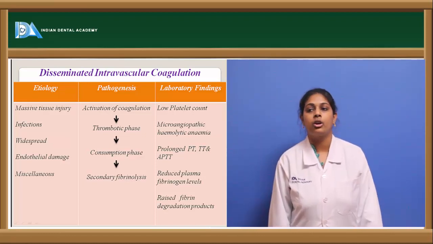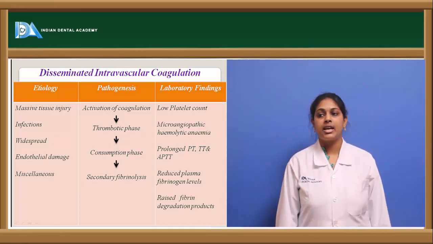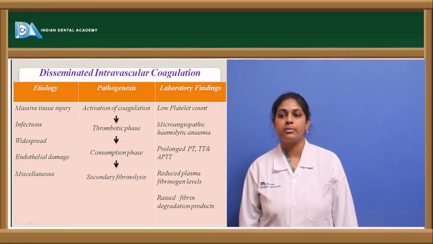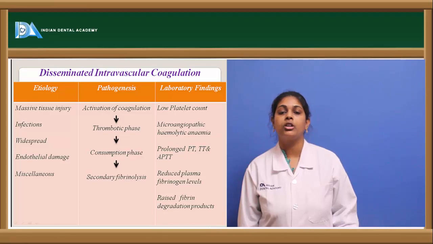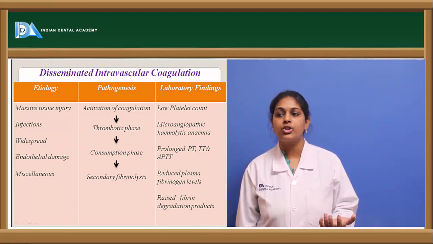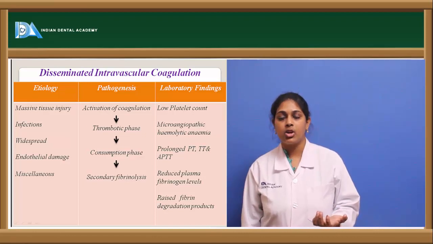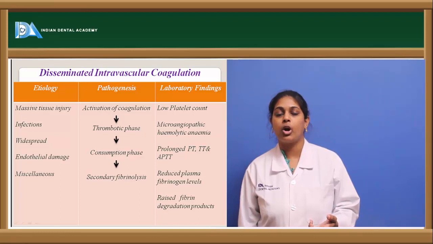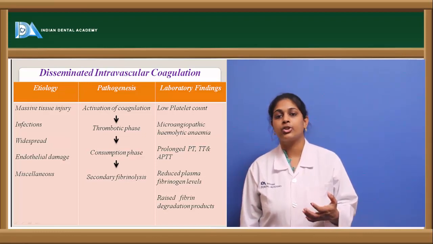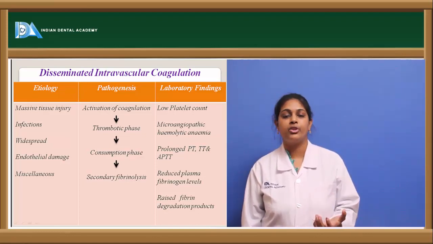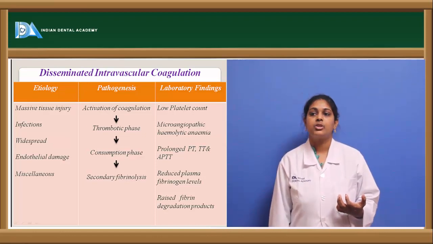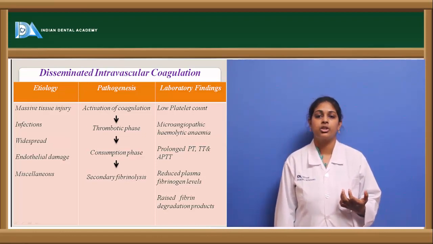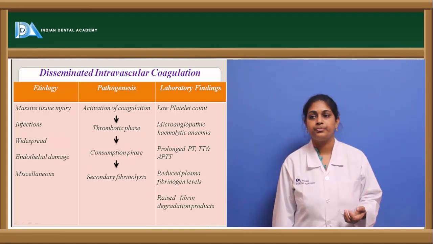When the prothrombin time, thromboplastin time as well as activated partial thromboplastin time are estimated, the patients show prolonged duration, exceeding the normal range. There are also reduced plasma fibrinogen levels, and the fibrin degradation products are raised, which results in degradation of the fibrin that has been formed by the clotting system. So this is disseminated intravascular coagulation.